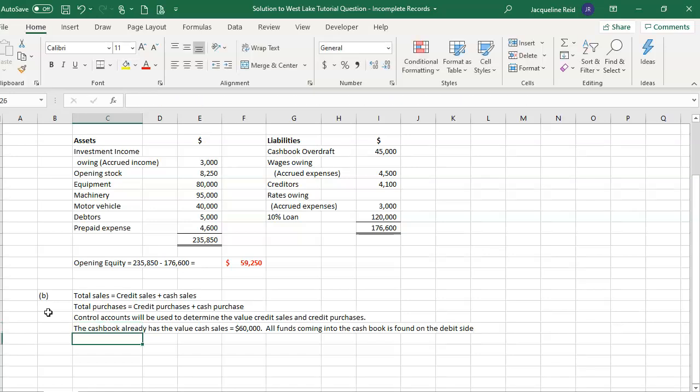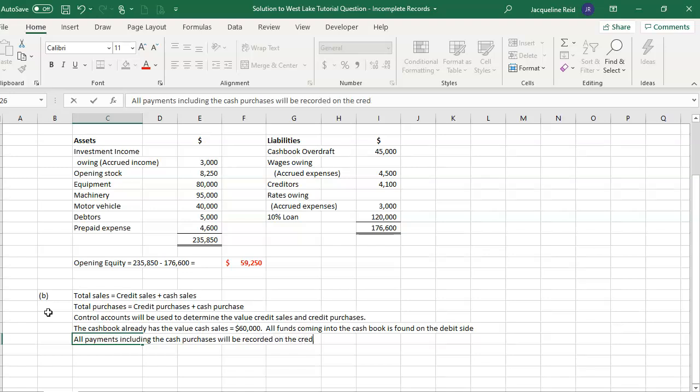Likewise, all funds leaving the organization as payments, including the cash purchases, will be recorded on the credit side of the cash book. So when I check over on that side, cash purchases totaled $35,000. So now we have half of each of the figures.